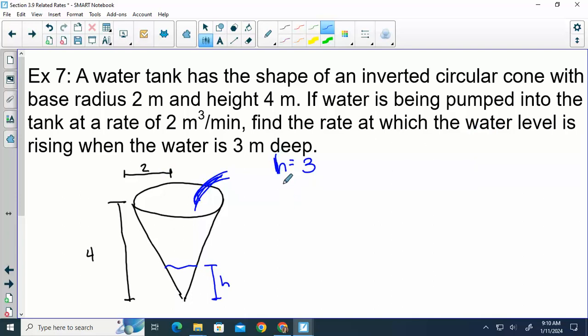We're looking for the rate the water level is rising. So a rate is a derivative, so we are looking for dH/dt. What would 2 cubic meters per minute represent? The volume. Cubic is volume, and since it's per, that's dV/dt.